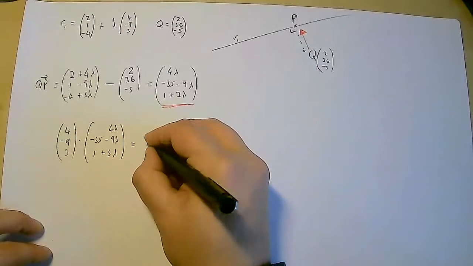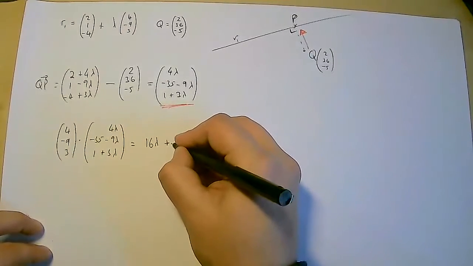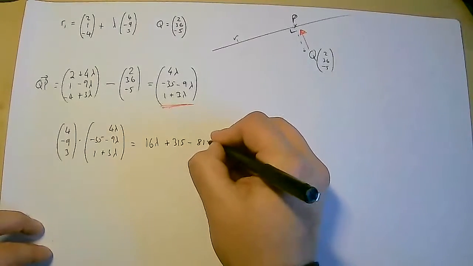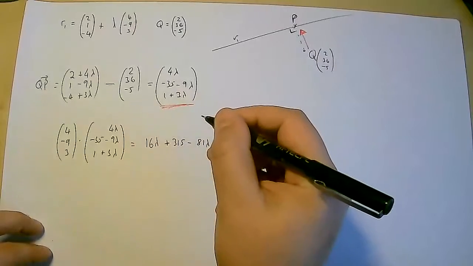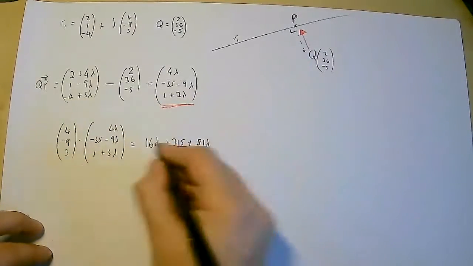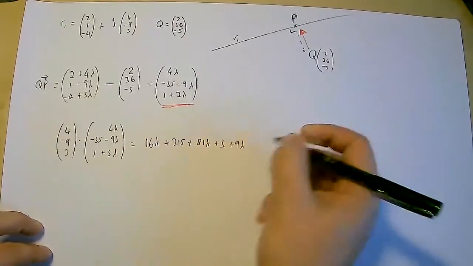And that gets us 16 lambda plus 315 take 81 lambda. Oh no, that's -9. -9 times -5, yes. Plus 3 plus 9 lambda.